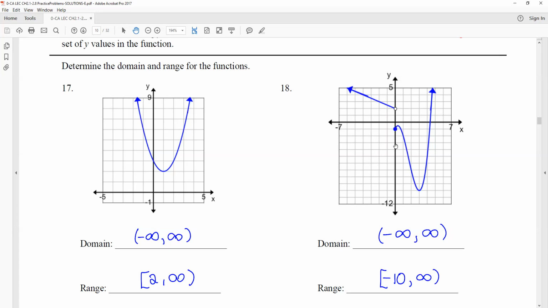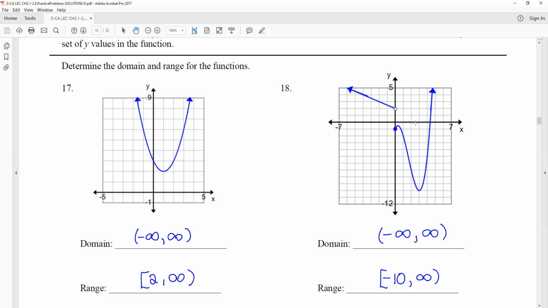In this piecemeal item, our domain starts out here, comes to here. There's a gap in this line, but that gap is filled here, and then it continues forever, so negative to positive infinity. In the case of the range, we begin down here at negative 10, and that is inclusive.